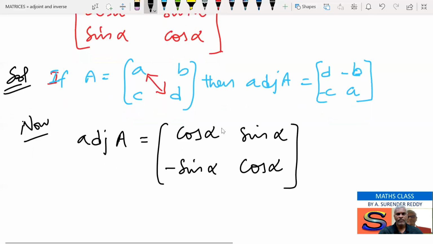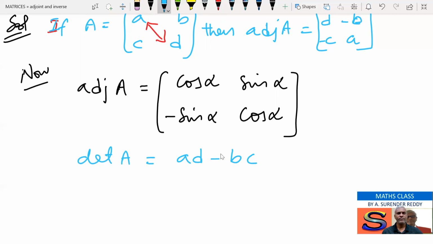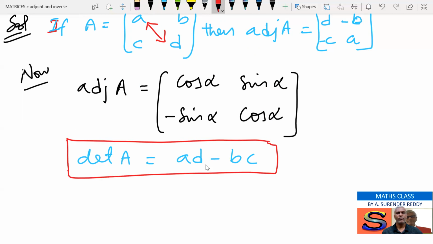Now find the determinant. What is det A? If A is [a, b; c, d], we know det A is equal to ad minus bc, the determinant of any 2 by 2 matrix.